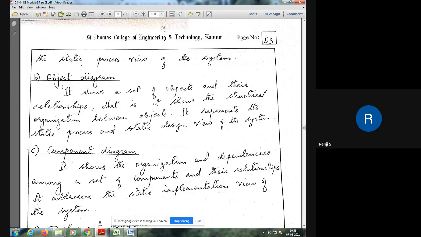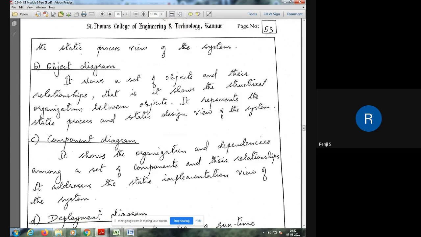So it shows a set of objects and their relationship, and since it is showing the objects that are involved in communication, it's just a structural organization between objects. That is, if object 1 wants to communicate with object 2, then there is a relationship between object 1 and 2.